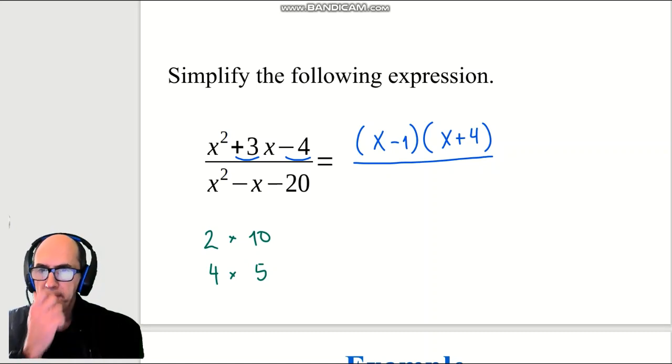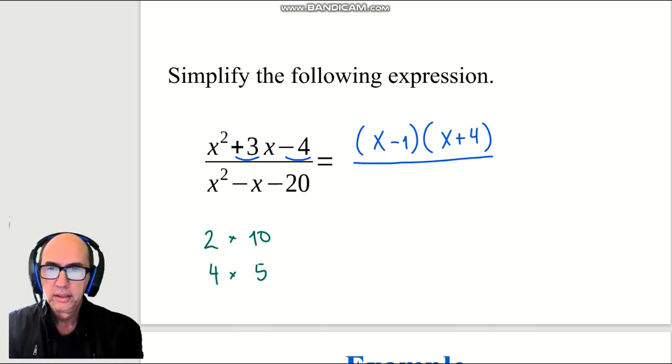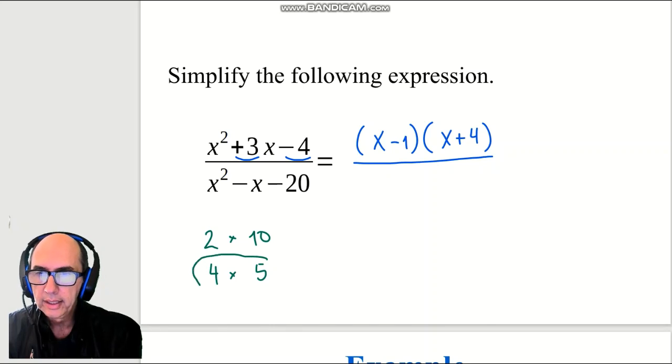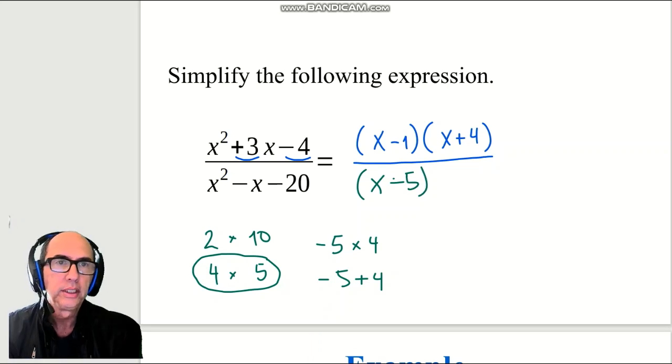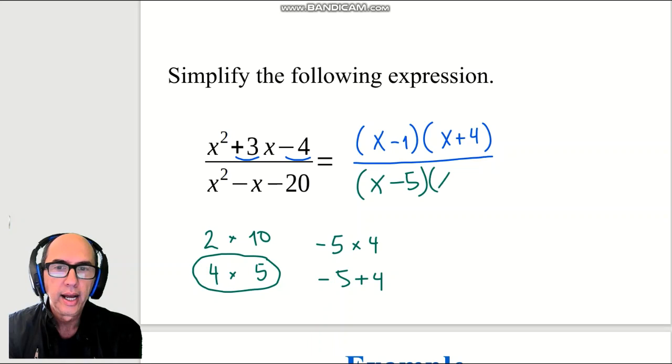That's it. Well, I can see that with 4 times 5 we can combine, negative 5 times 4 is negative 20. Negative 5 plus 4 is negative 1. Okay, we can write down x minus 5. Oops, it is minus. Let me move this dot. Okay, and x plus 4.